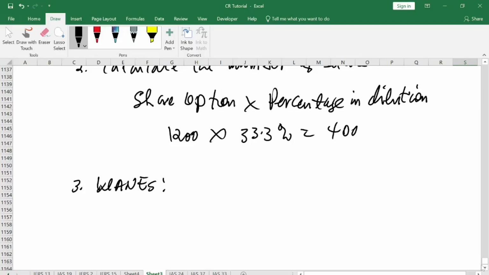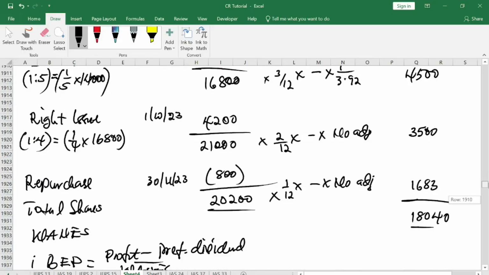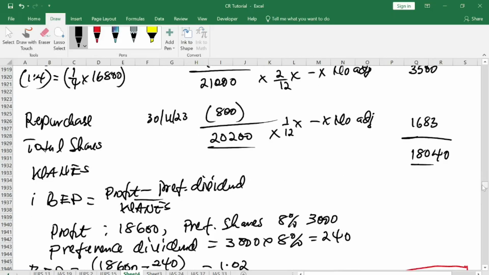When you are done, you find your WANS. You already have outstanding shares in the question. The outstanding shares is what we've calculated here, 180,040. That is the outstanding shares, because we've already calculated it. So far, this is the outstanding share pending with the company.